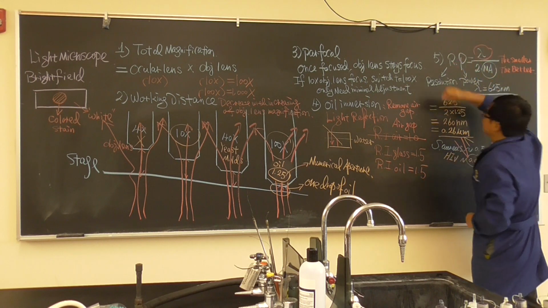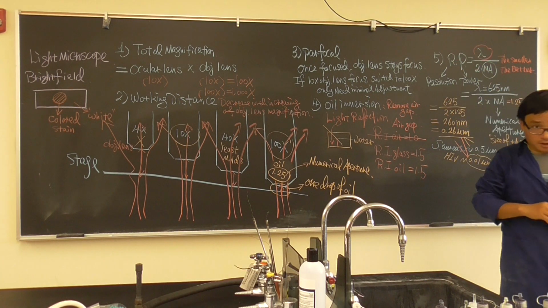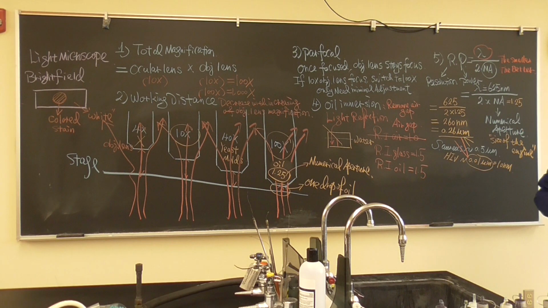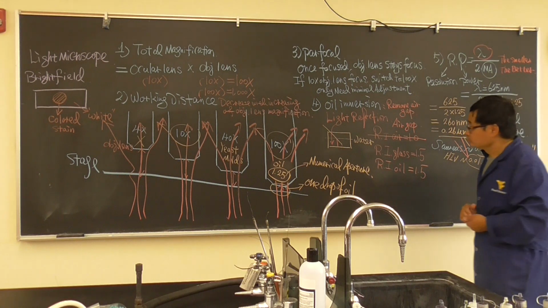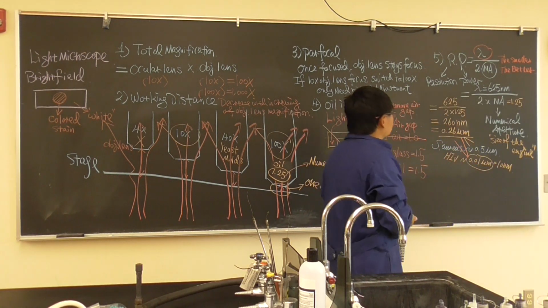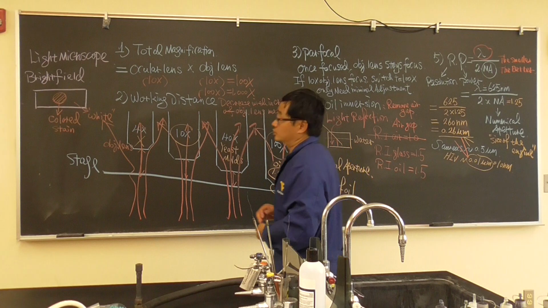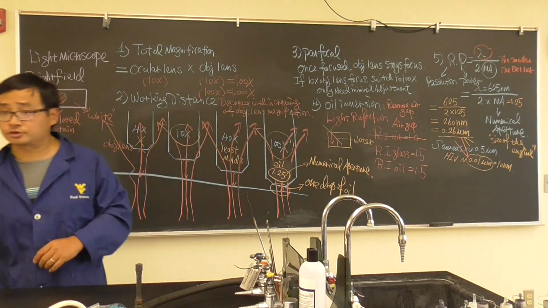That depends on the lambda. Now, for all our microscopes, lambda is fixed at 625 nanometer. We can't change it. So that is all the concepts we talk about for the light field microscope.